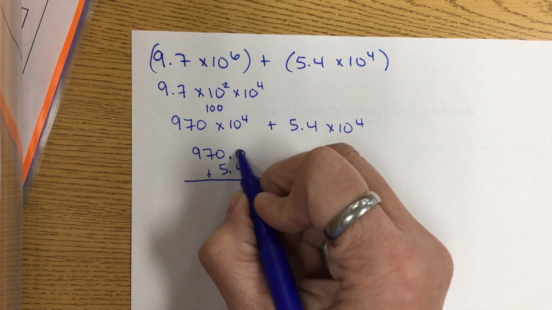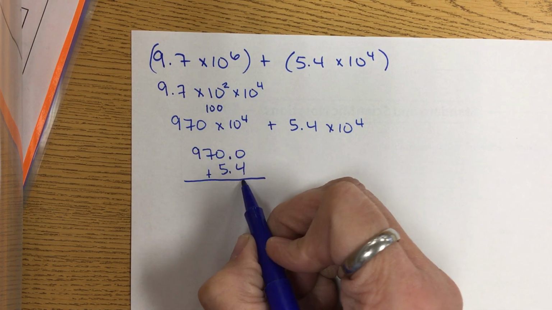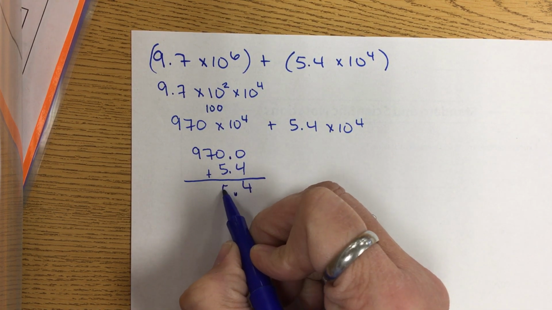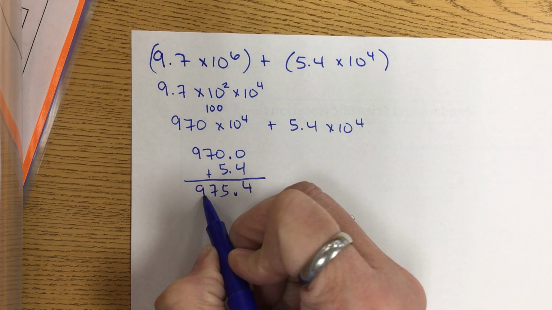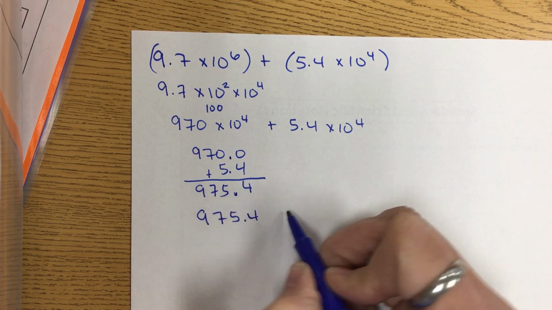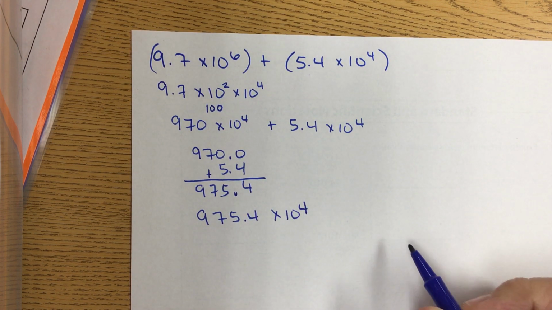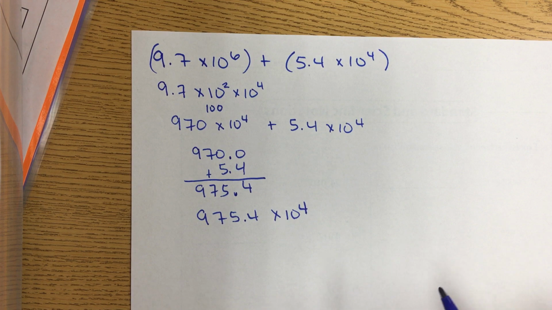Remembering that you have to line up the decimals. I don't know why I put my plus sign so far in there. This is a 4, a 5, a 7, a 9. 975.4 times 10 to the fourth power, because step 2, you have to keep the exponents the same.